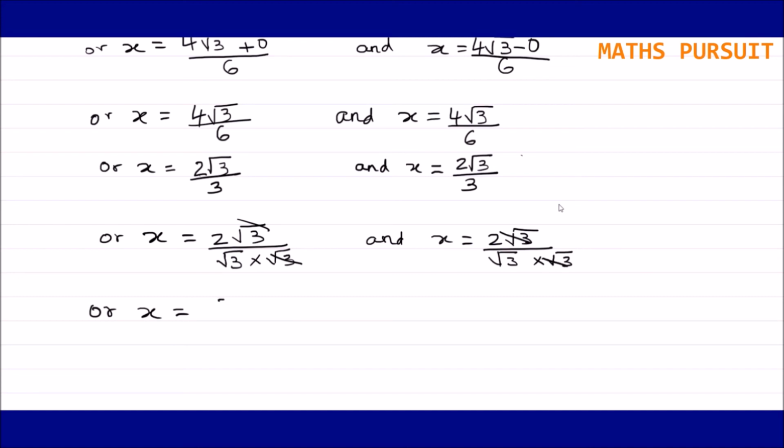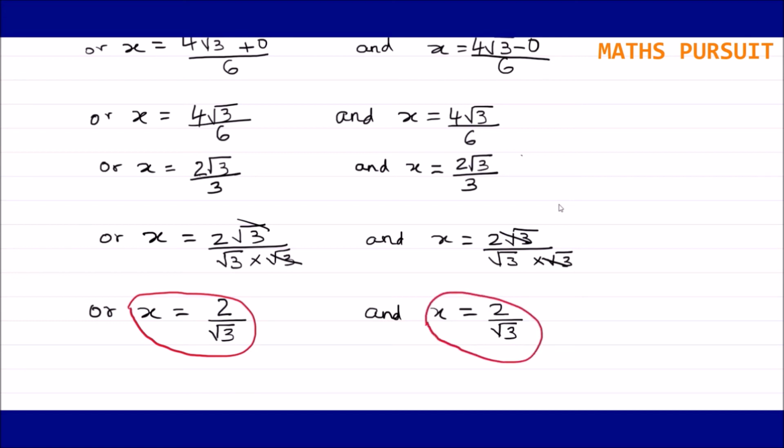We are left with 2 upon root 3. And similarly, the other one is x is equal to 2 upon root 3. That's all, guys. You could see that we got two same values of x. One is x is equal to 2 upon root 3 and the other one is x is equal to 2 upon root 3. So hope you understood this calculation.